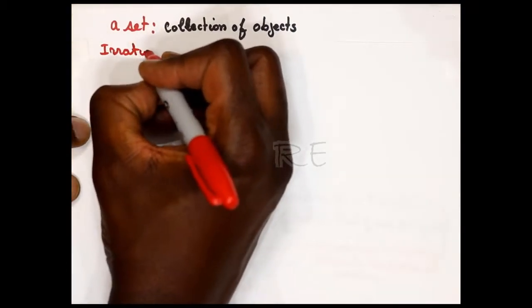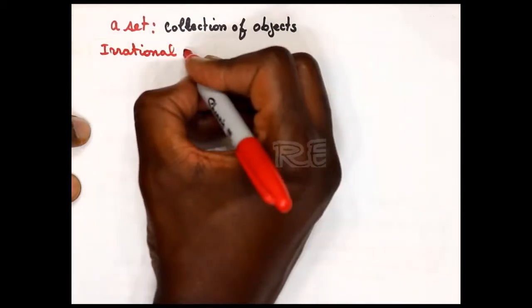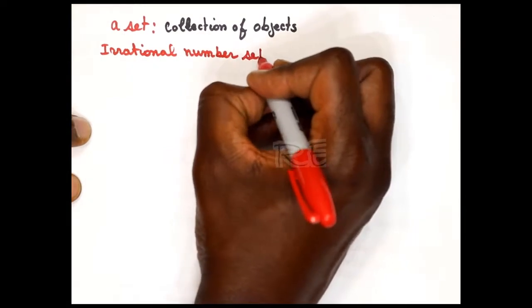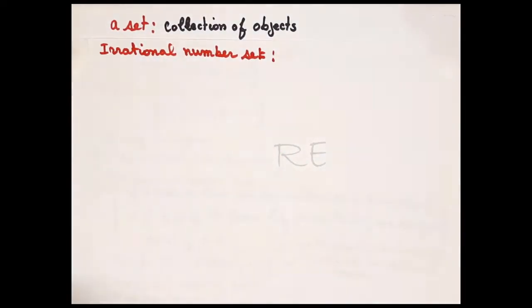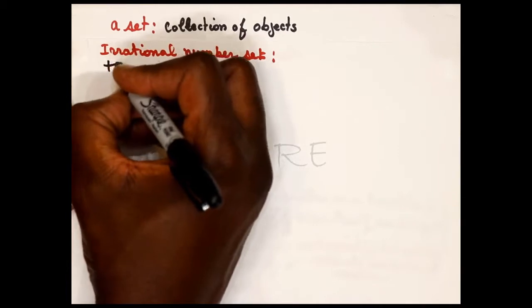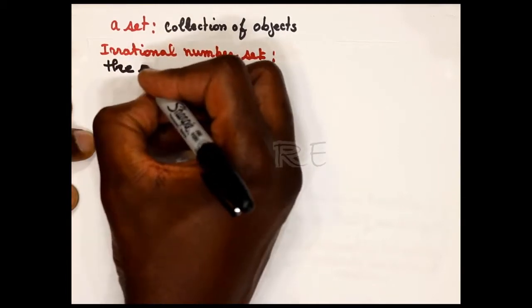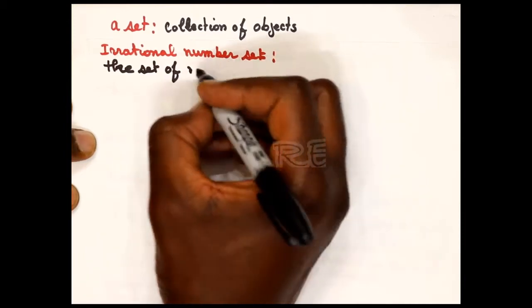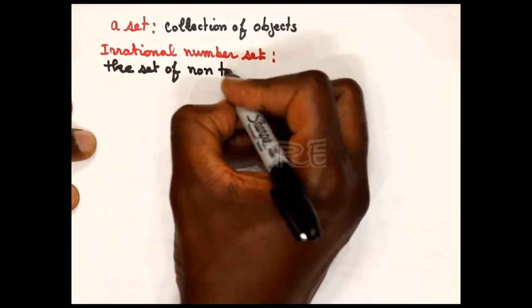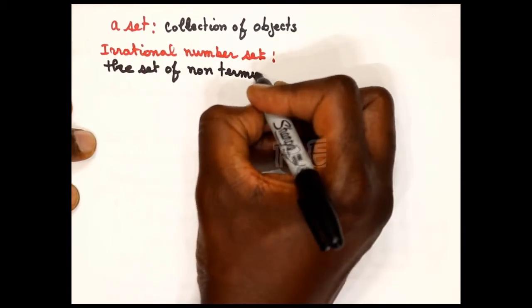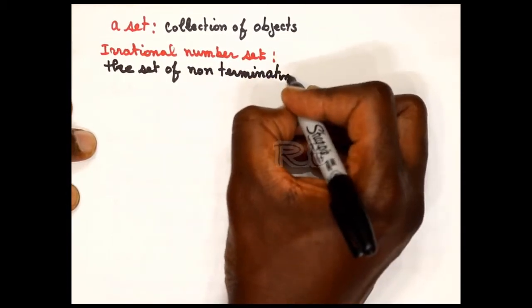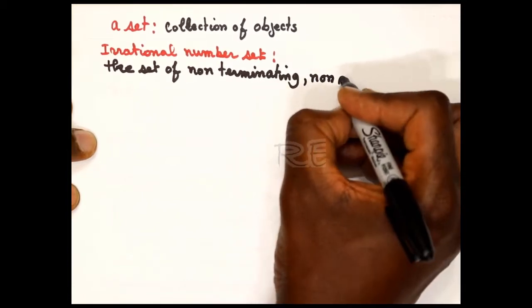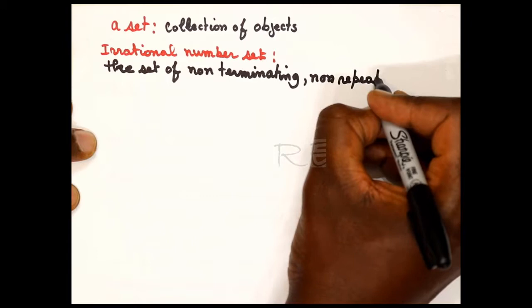And the last set that we're going to talk about is the set of irrational numbers, the irrational number set. And it's considered to be the set of numbers that are non-terminating and non-repeating decimals.